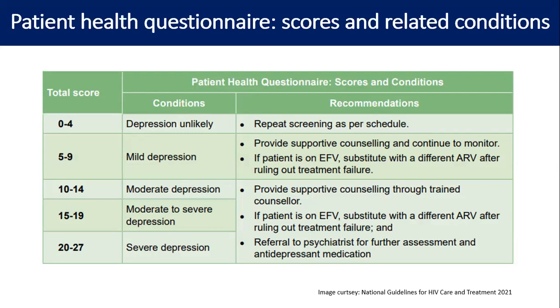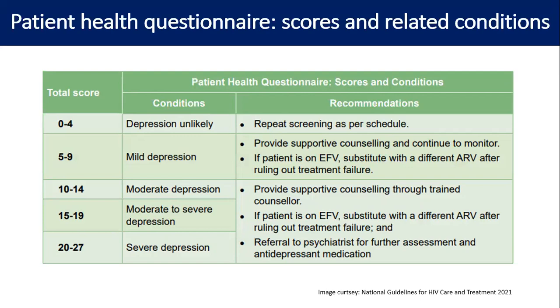If the patient is on efavirenz, then we try to substitute efavirenz with other antiretrovirals that don't have any psychiatric side effects. It is known to all that efavirenz is capable of producing psychiatric symptoms, so we try to substitute it if any patient is on efavirenz. But nowadays, efavirenz is phased out, so there is little chance that the patient would be on efavirenz.